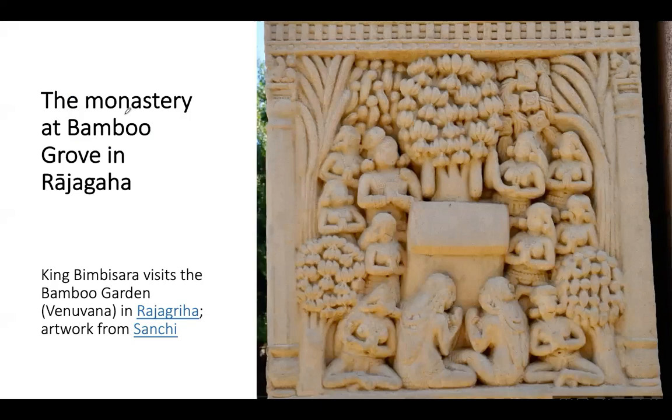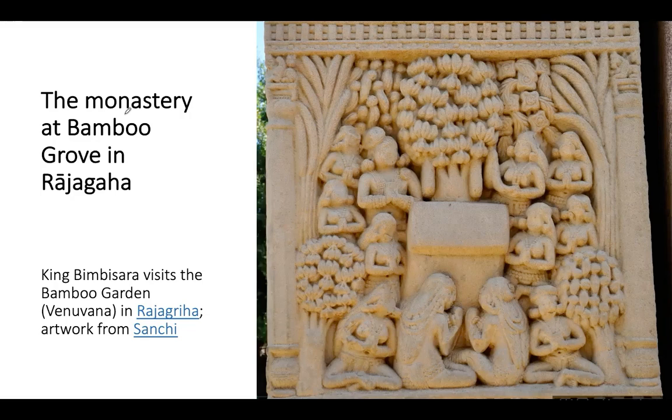And this is the monastery at Bamboo Grove in Rajagaha. Rajagaha is in the east to north side of India. This bamboo monastery was built by King Bimbisara around 500 BC.